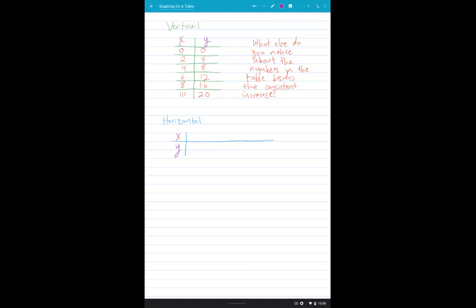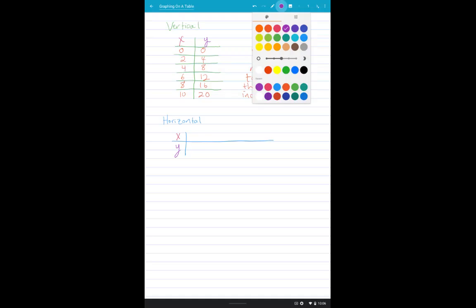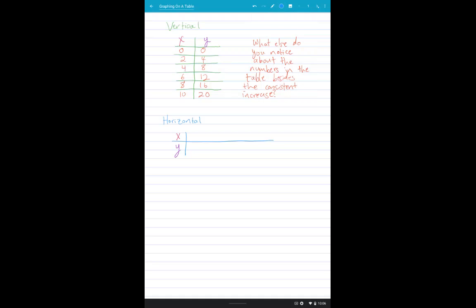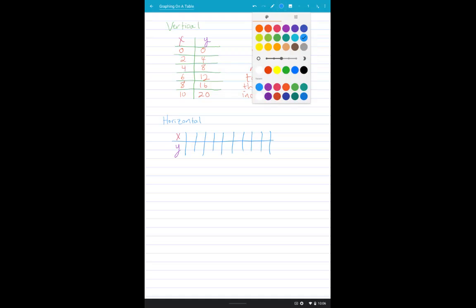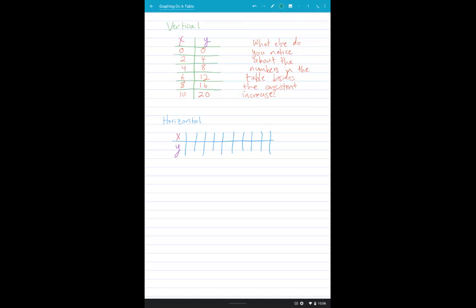Again, so with the horizontal tables, besides adding more rows, I'm gonna add more columns. And again, I'm gonna make another proportional relationship. And I'm gonna make this obvious.